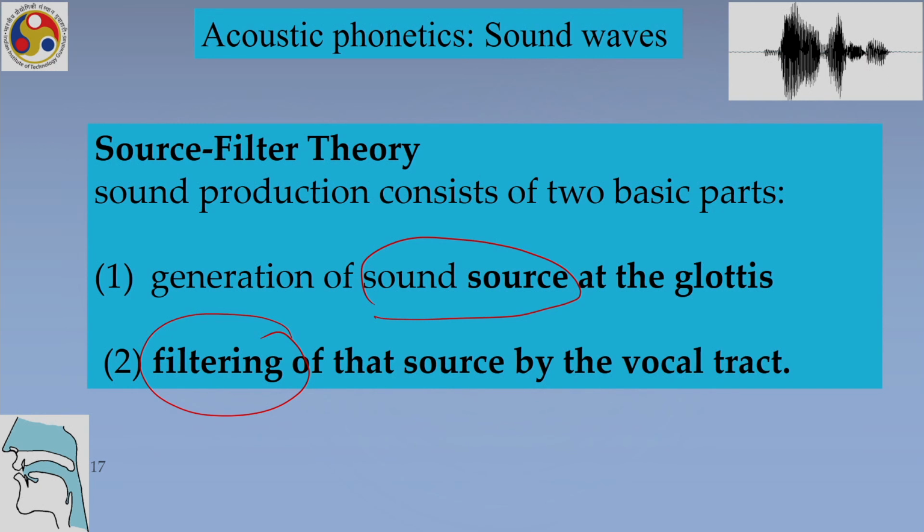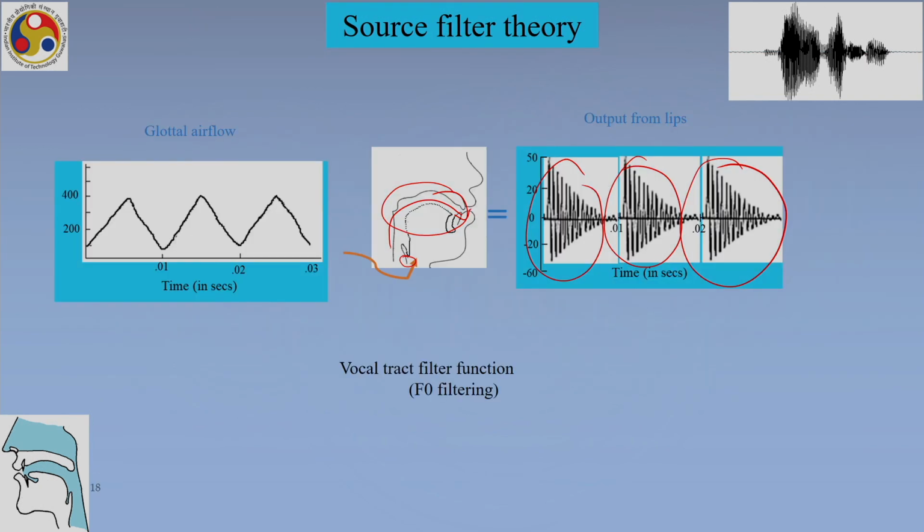Now this is what our diagram showed you, that there is a generation of source sound at the glottis, and then there is filtering of that source by the vocal tract. And understanding that glottal airflow undergoes a filtering function and produces the output from the lips.